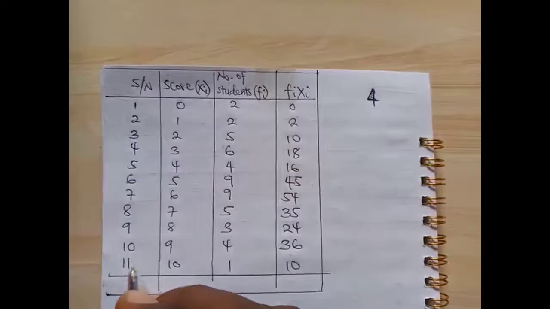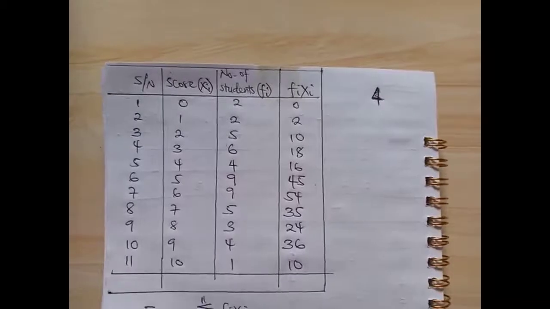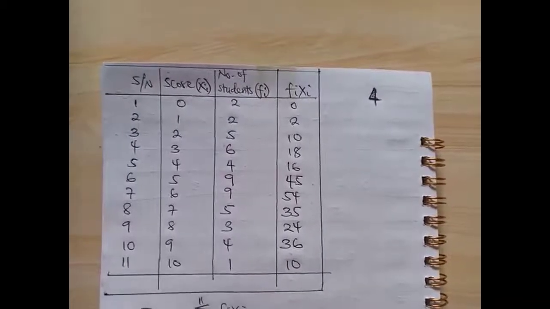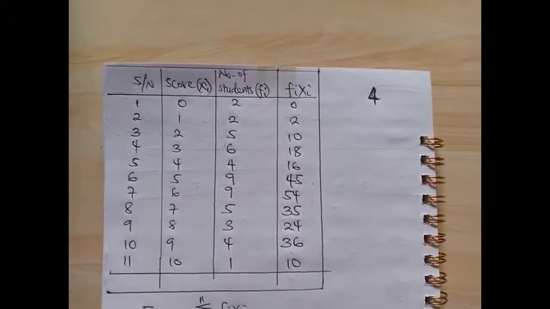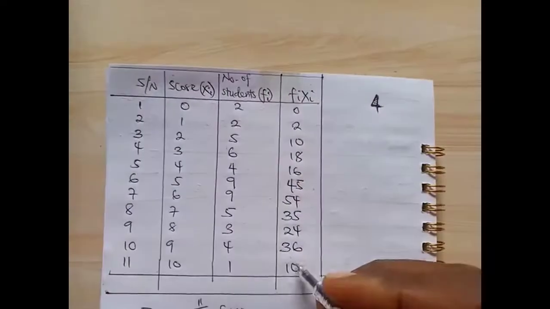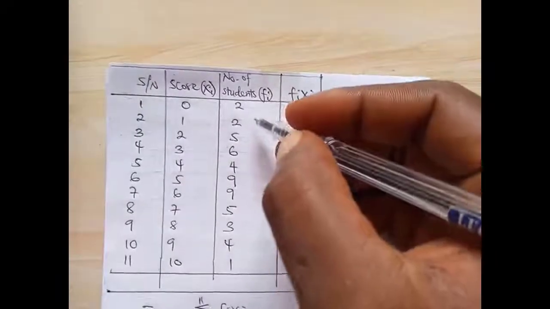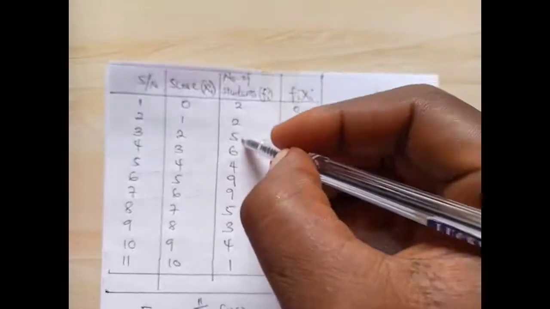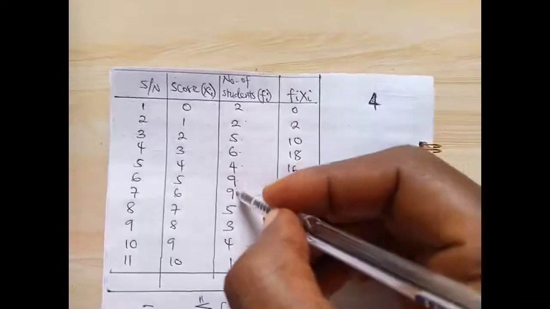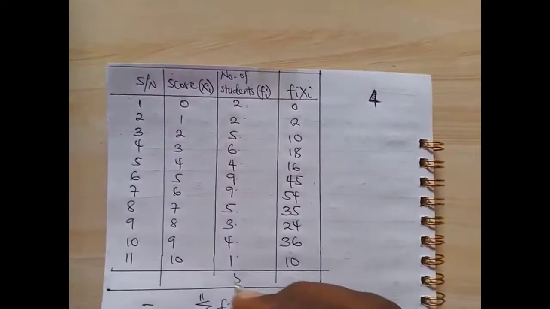You see the serial number, they are total 11, so it's over the summation of f, which starts from 1 to 11. So it means we need to add up f. If we add up the whole of f, we're going to get 50.